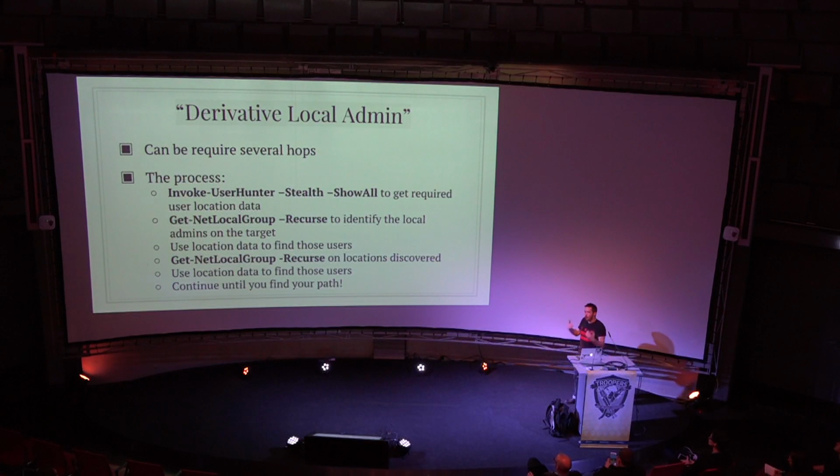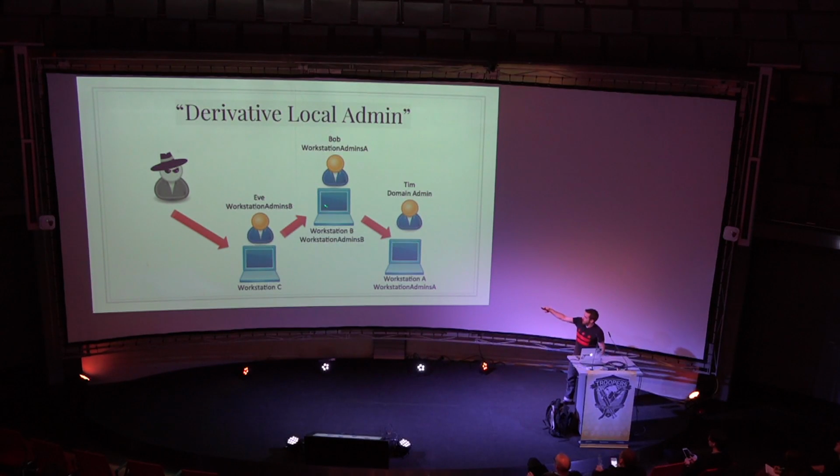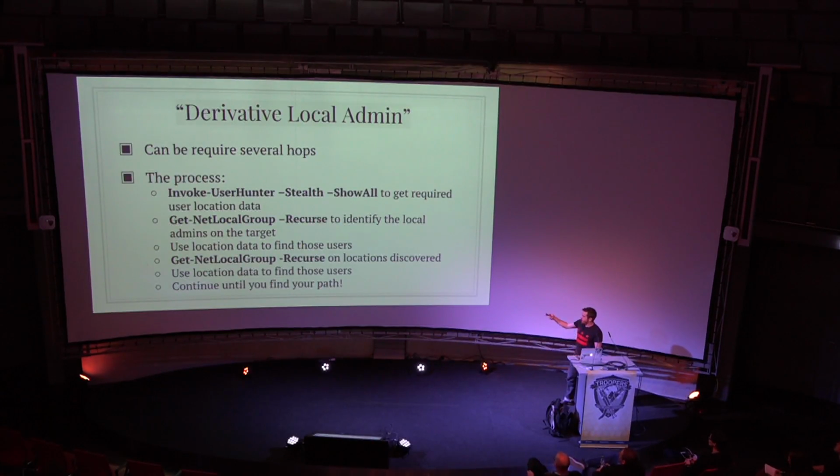And you're going to identify all the effective users who could administer the target you're after. You look at all those results, you match it up with the user location data, and you say, oh, okay, this guy's logged in here and he has access to here. Then you do a Get-NetLocalGroup against that guy, and then just kind of work your way backwards. And then just kind of continue until you actually have your path of exploitation.